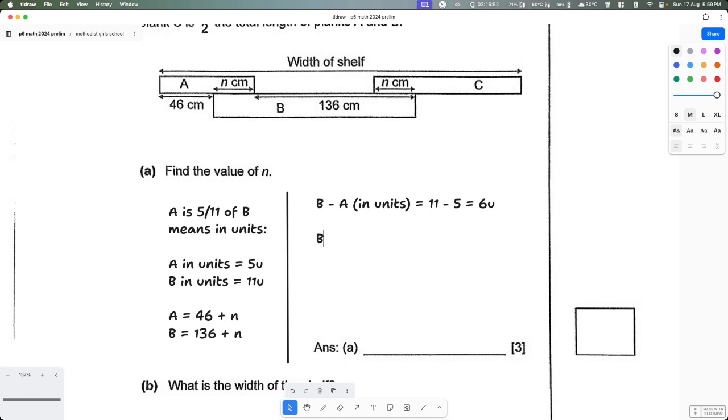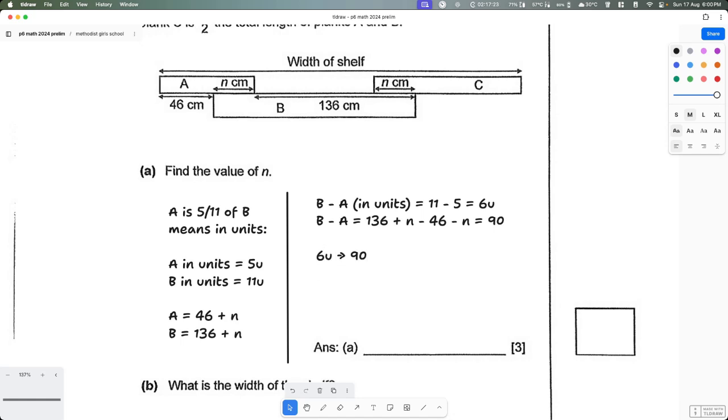Then we have B minus A in N, without the units, which is basically 136 plus N minus 46 minus N. This will give us 90. So that means 6 units is equal to 90, right?